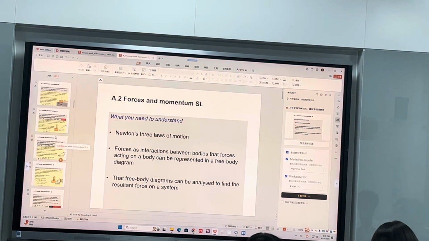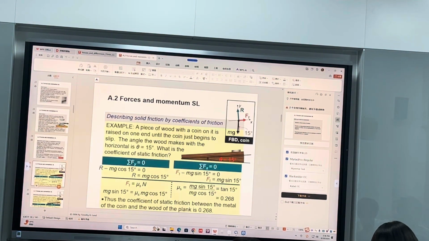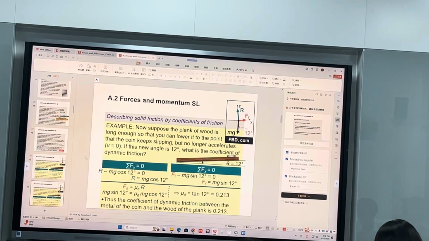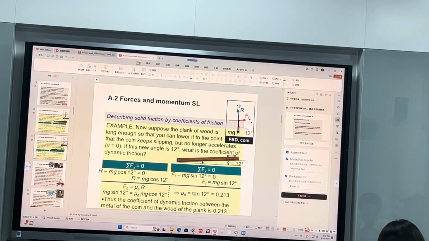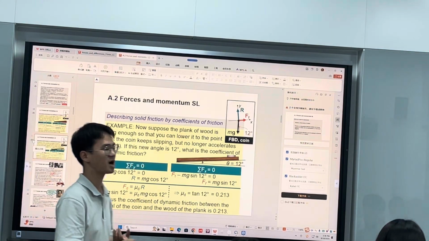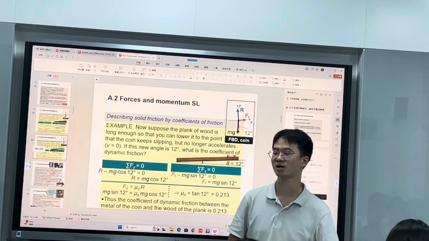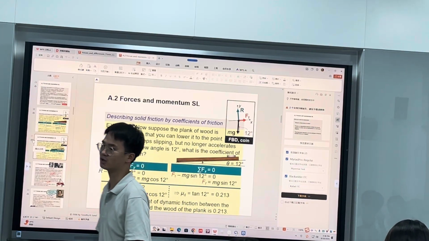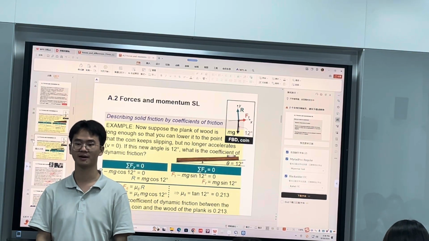I remember we were somewhere here, right? Did we finish talking about this question? Yes? Okay. Last week, we basically talked about different types of forces. We talked about contact force. What is contact force?